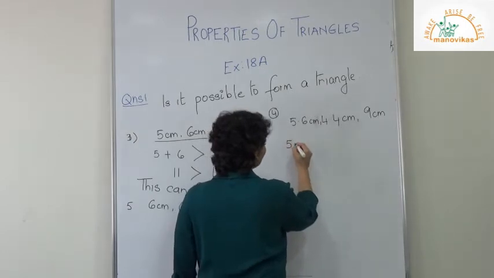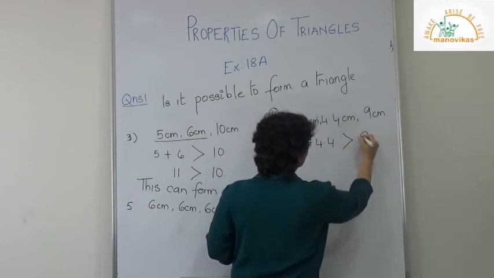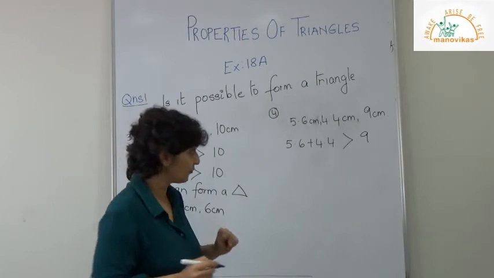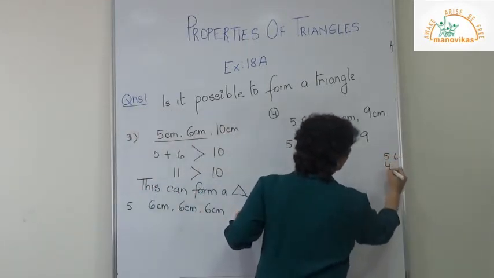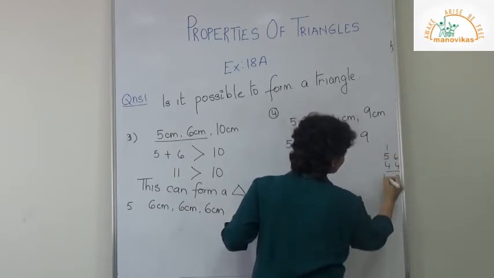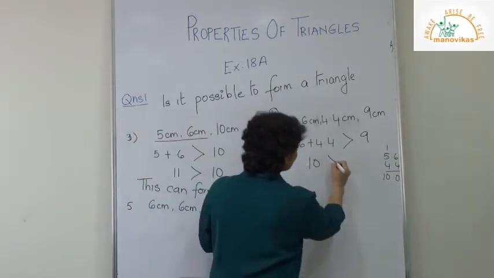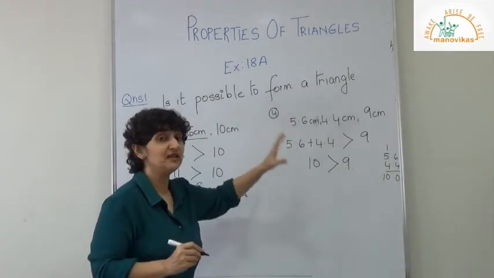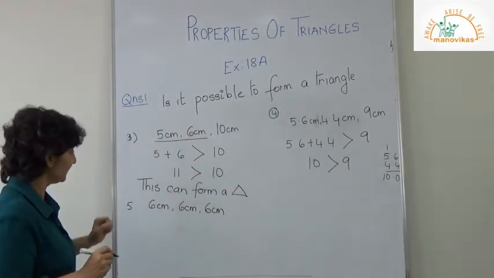Let's see here. I have 5.6 plus 4.4. When I add this, it should be greater than the third side. 5.6 plus 4.4 would give me 10, right? 6 plus 4 is 10, 5 and 4 is 9, so 10.0 means 10 centimeter, and 10 is greater than 9. So even this triangle can be constructed, right?